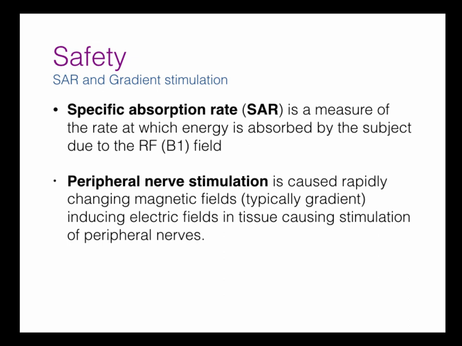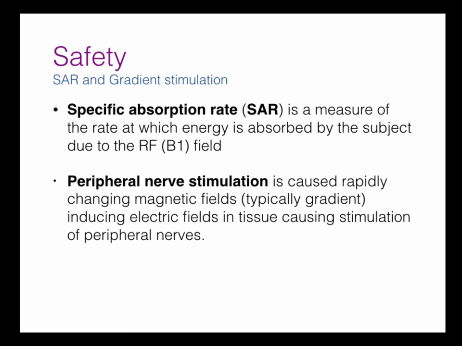So EPI scans typically don't use very much because they just have that one excitation pulse and then a lot of gradients. Some imaging methods such as TSE and FSE have quite high SAR because they're using a lot of 180-degree pulses. Some multiband methods, because they have that combined pulse which excites multiple slices simultaneously, each of those bands basically acts like a completely separate RF pulse, so they have pretty high SAR as well.